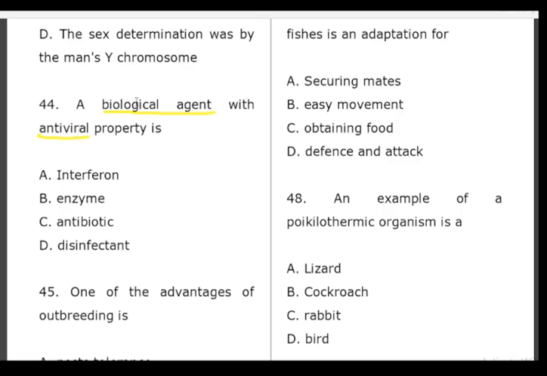Those are the two keywords we'll be looking at, and we want to look at the options that actually have those properties.